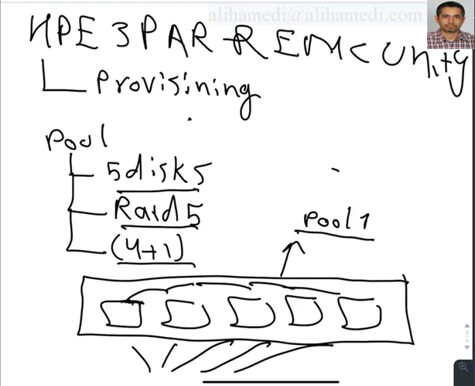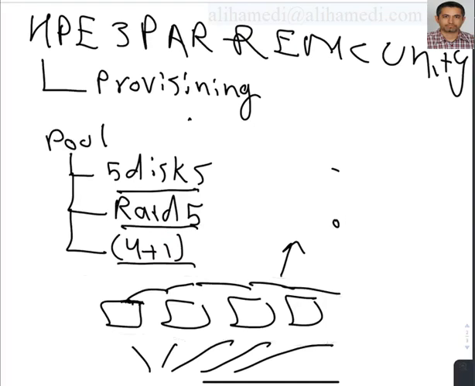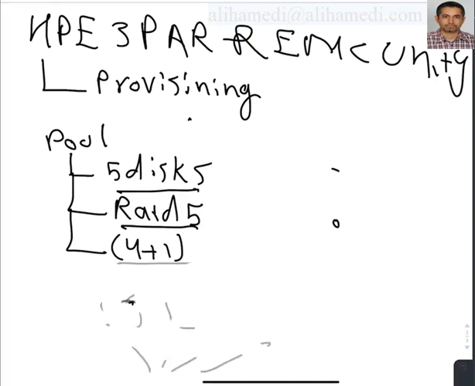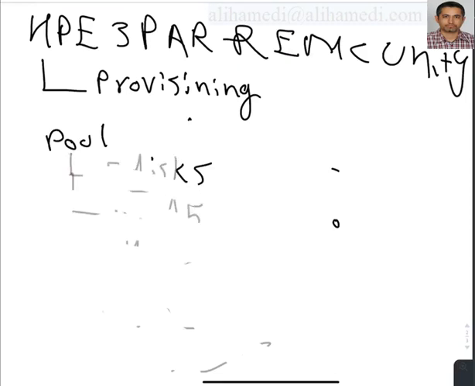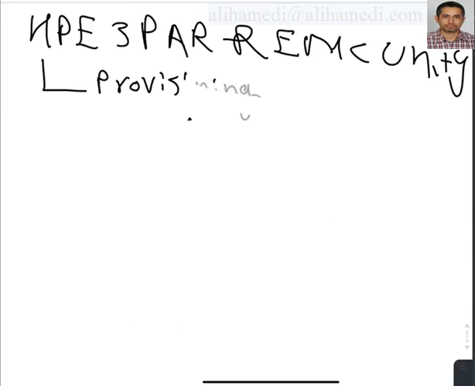But now we want to check and compare the same example in another storage type, HPE 3PAR. What happens if we want to use it in HPE 3PAR?